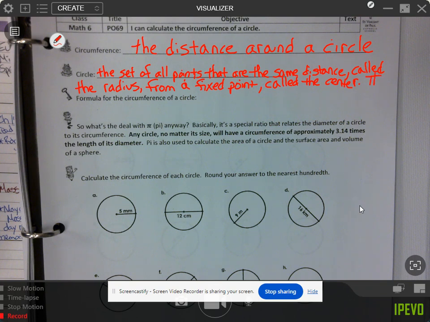The diameter, it is a lot. That's why I said we had to really pay attention, because we need to know what the radius and the diameter are. The diameter is the distance across the circle through its center.